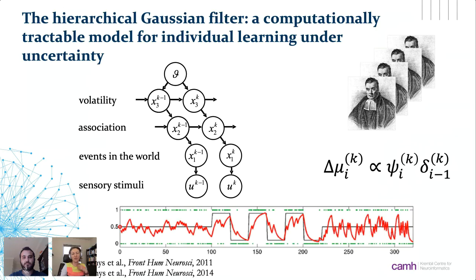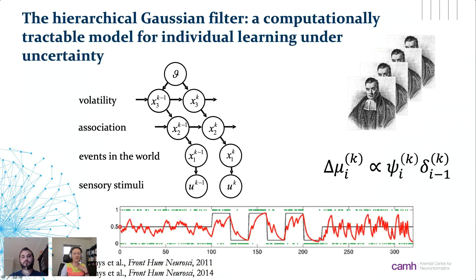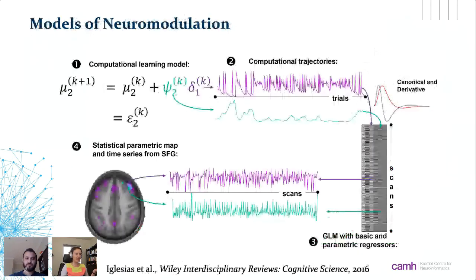So if we express that ratio as a variable psi, we can take these two variables that are actually states because they change dynamically from trial to trial, from new exposure to sensory inputs. We can take these states and formalize them in a general linear model fashion. This is the idea behind models of neuromodulation.